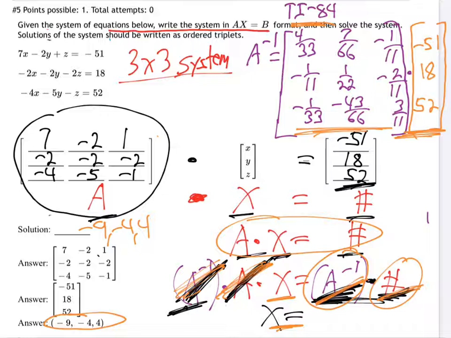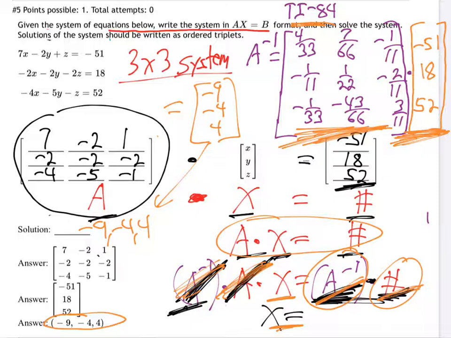It ends up being a matrix, it looks like this. It equals -9, -4, 4, and then we write it like that. So there we go. All I did was multiply this big old matrix, that A inverse, times the number matrix.